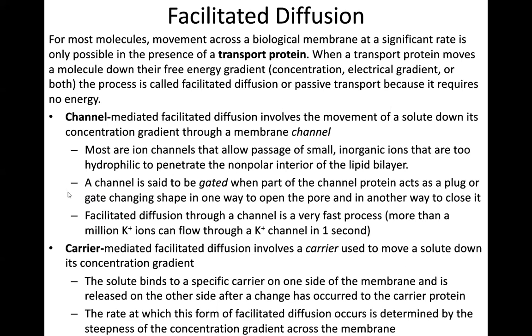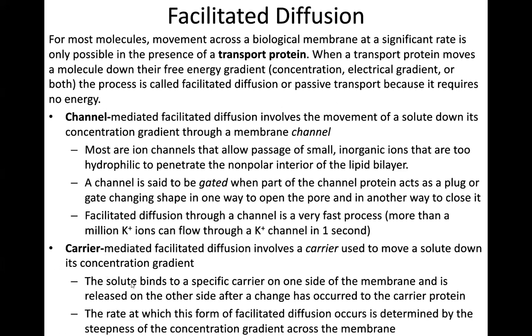We'll get into all that in our nervous tissue lecture. Facilitated diffusion through a channel is a very fast process. It, for example, allows for more than 1 million potassium ions to flow through a single potassium channel in 1 second. So very significant.